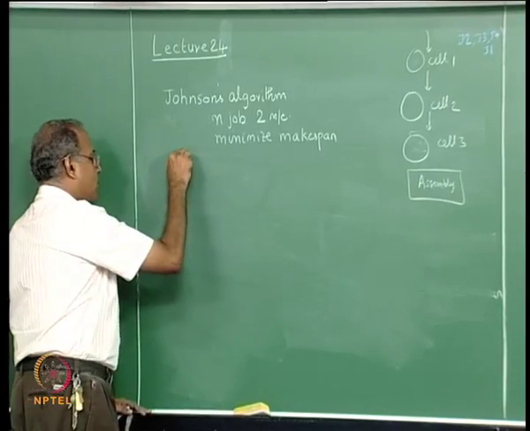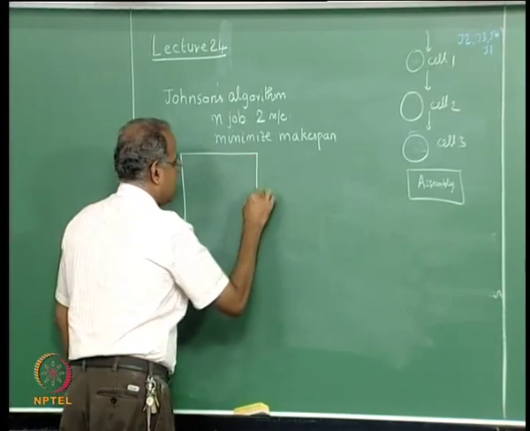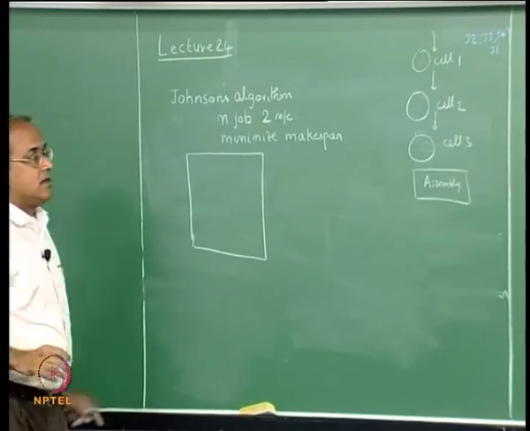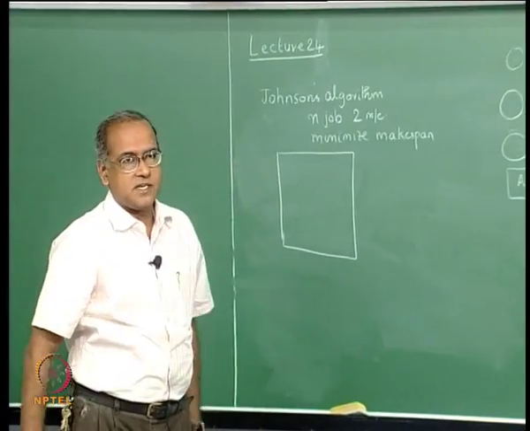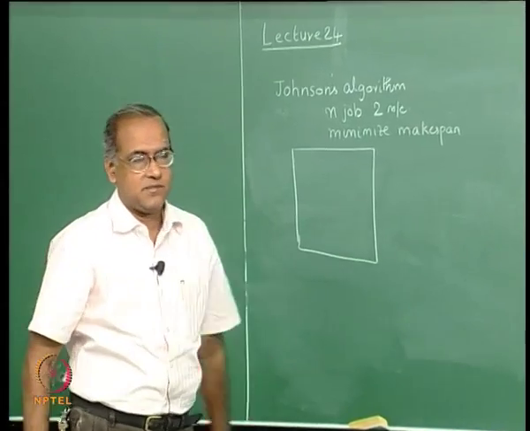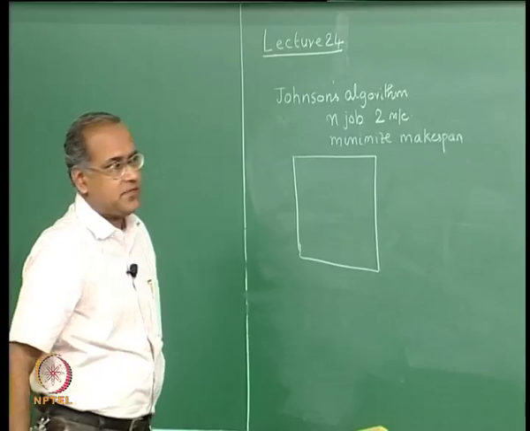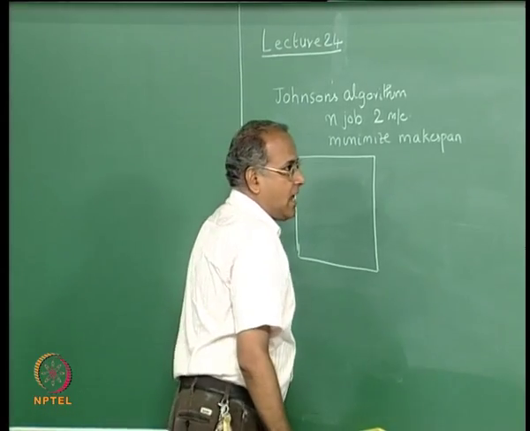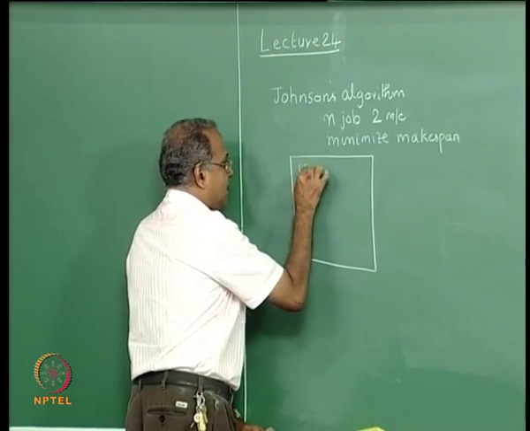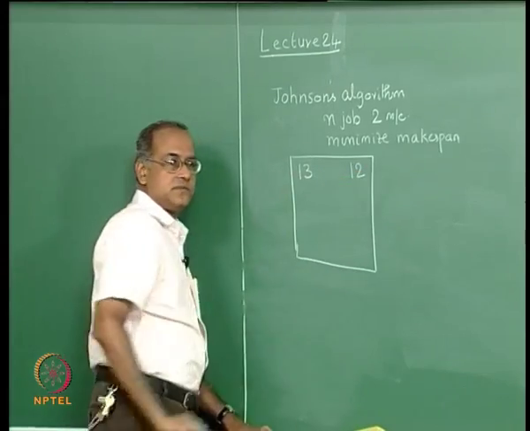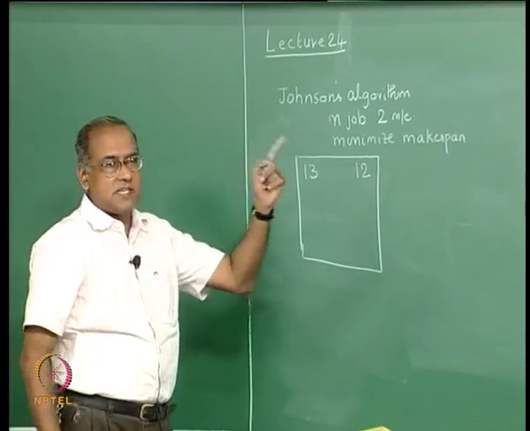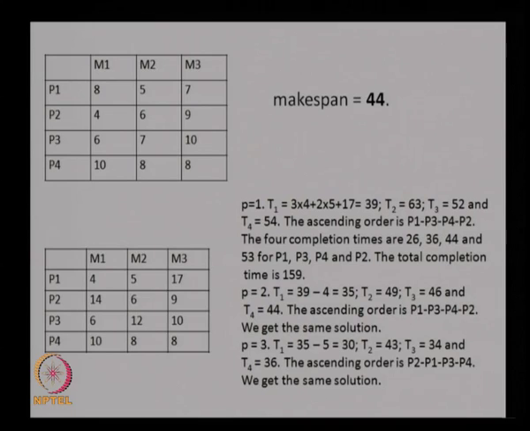Now we have done only one part of the algorithm, which is to look at M1 and M3, which is cell 1 and cell 3. Now we have to look at 1 plus 2 and 2 plus 3. If we look at 1 plus 2 and 2 plus 3, the times are 13 and 12: 1 plus 2 is 8 plus 5, 2 plus 3 is 5 plus 7, so 13 and 12.